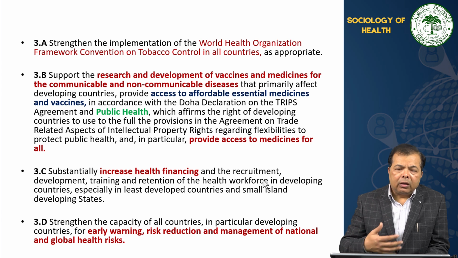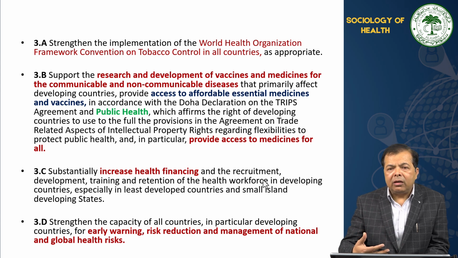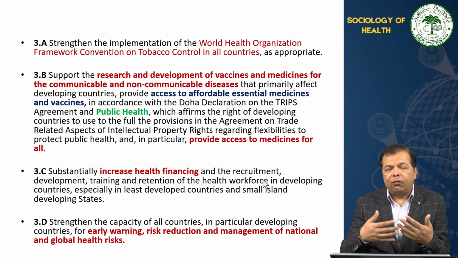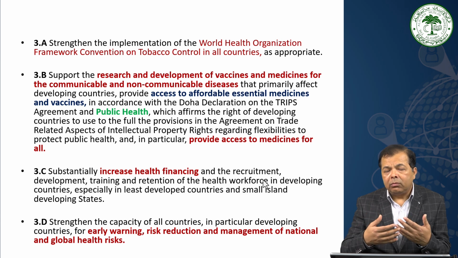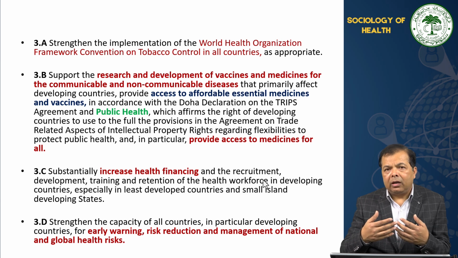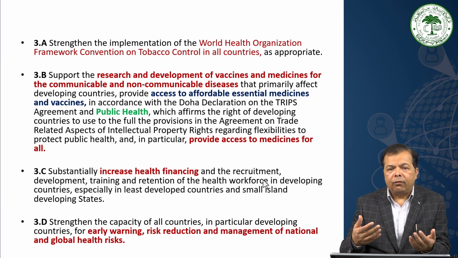So these health and well-being related goals give us a blueprint on how to move further, right? In short term, it talks about the 2030, the time period up to 2030, but at a larger level, it suggests us the way by which we can approach to the future. So these are very important.